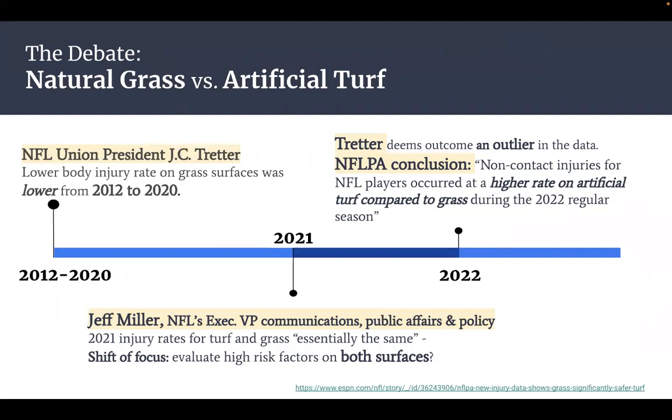So there has been a debate for natural grass versus artificial turf throughout the last decade. To give you a little bit of a timeline, throughout the years 2012 through 2020, the NFL union president, J.C. Tretter is his name, did note that injury rate on grass surfaces was lower from 2012 to 2020 as compared to synthetic surfaces.